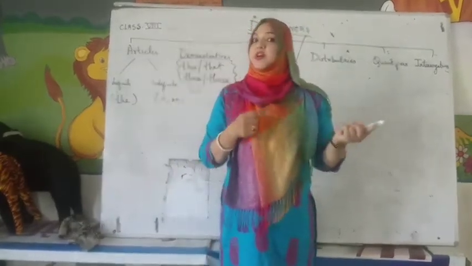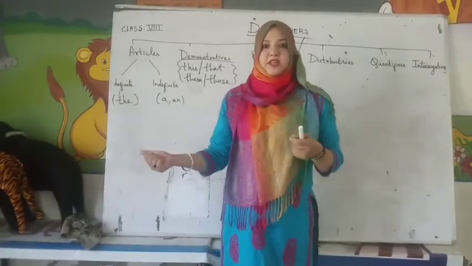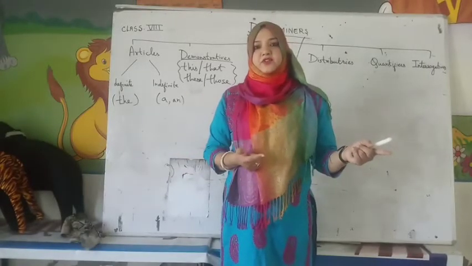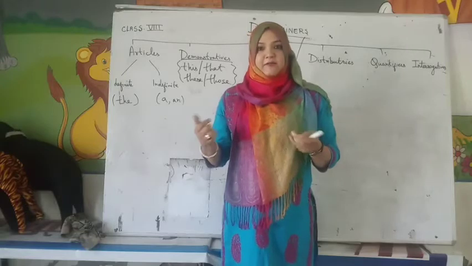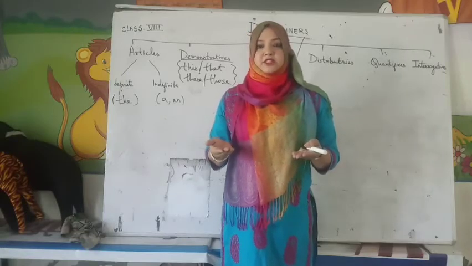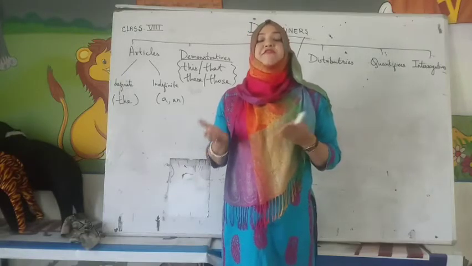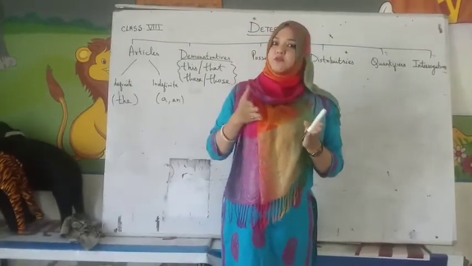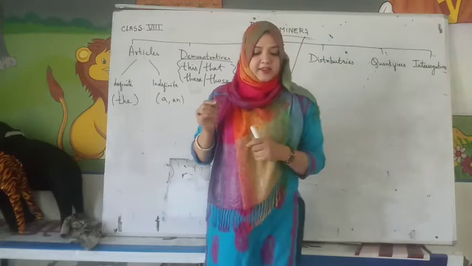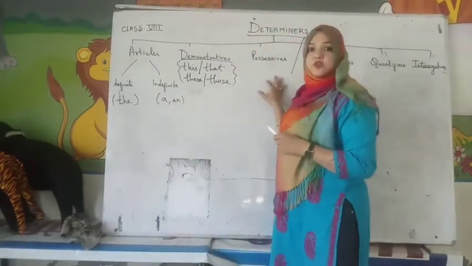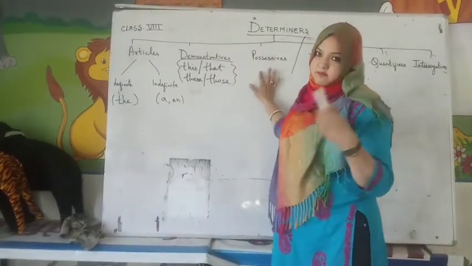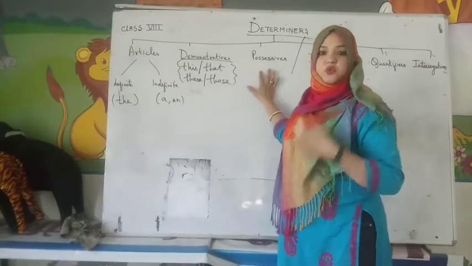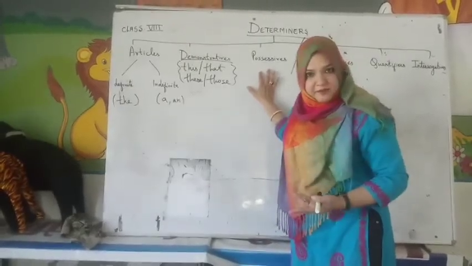I told you the difference between pronouns and possessive adjectives. A possessive adjective always comes before the noun. My book. Book is the noun. So possessives show possession, ownership, kiski cheez hai, right?